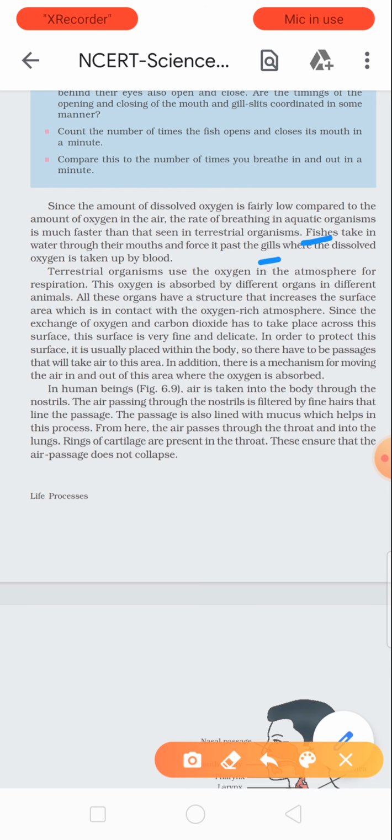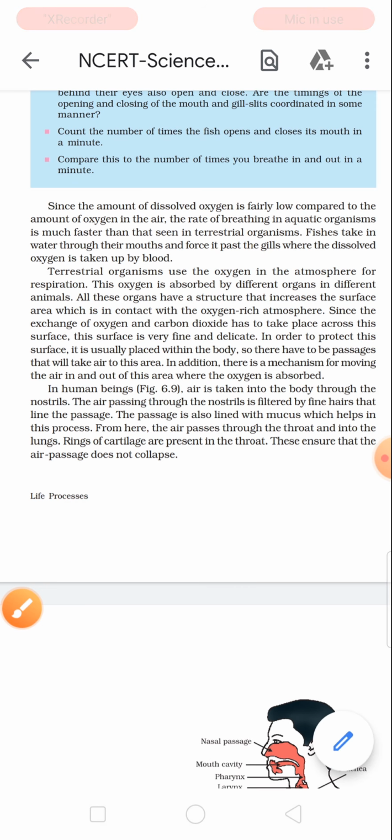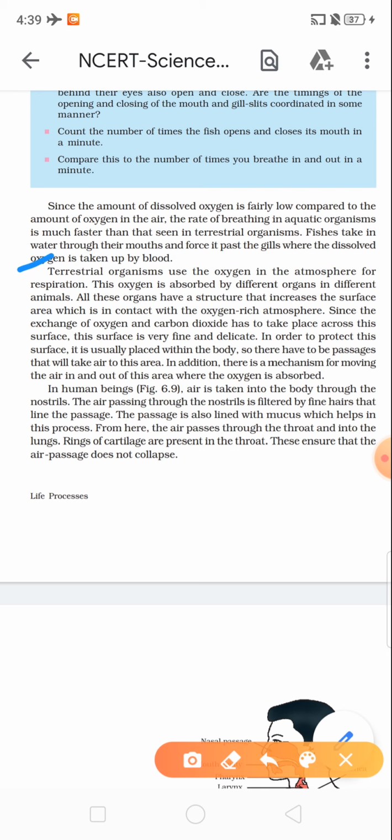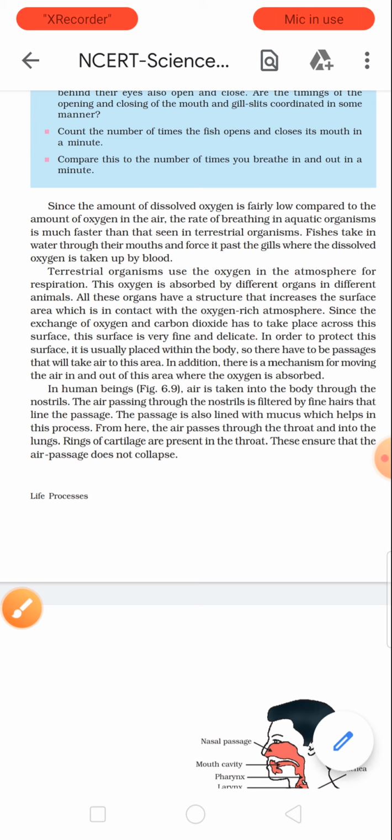But in terrestrial organisms the situation is a little different. They use the oxygen in the atmosphere for respiration, and this oxygen is absorbed by different organs in different animals.